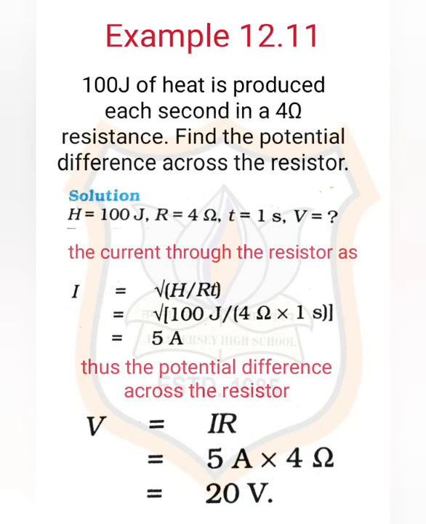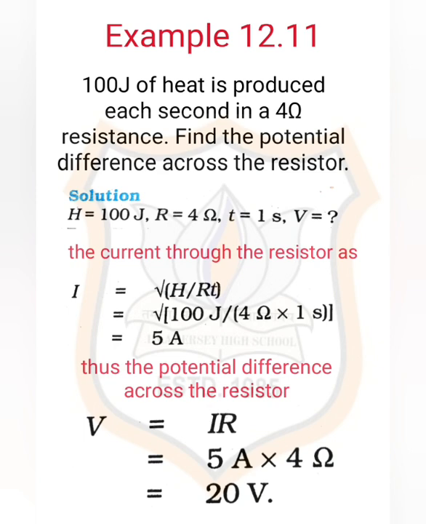From the equation H is equal to I square Rt, we can find out the current relationship, that is I square is equal to H upon Rt, or I is equal to under root of H upon Rt. H is 100, so I is under root of 100 joules upon 4 ohm into 1 second.